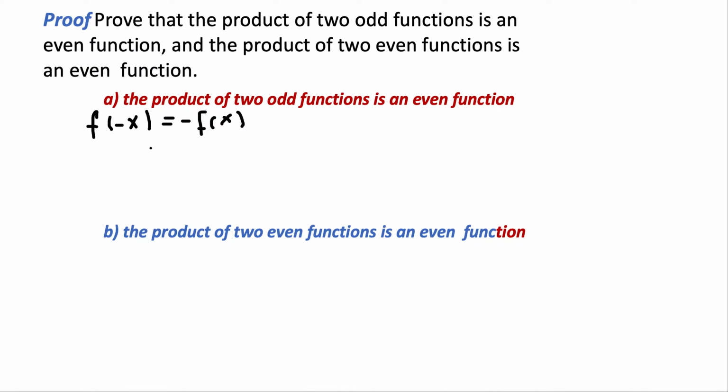And now what we have to know here is, let's take the other function. So one function is an odd function, and the other function, according to the definition we are taking as an odd function, is g of minus x equals minus g of x.